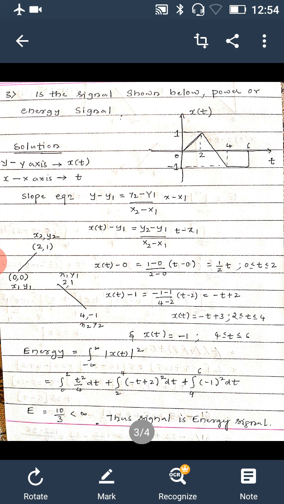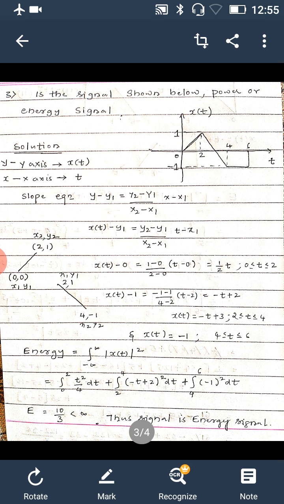So now let us take the slope which is defined between 0 to 2. Below, you just see, the y-axis is nothing but x of t, and the x-axis is represented by time t, right?